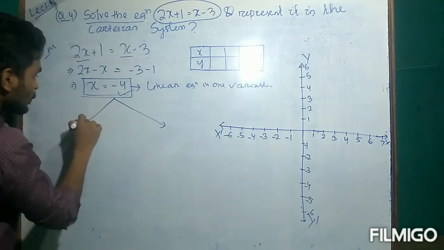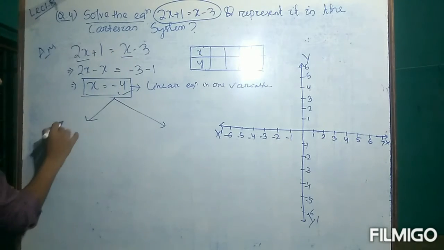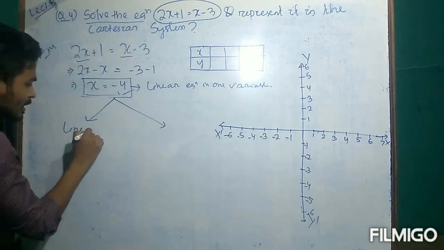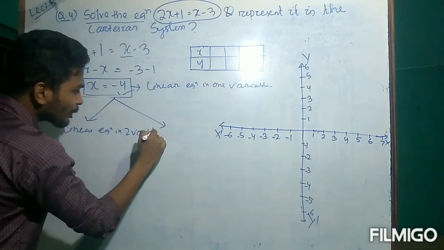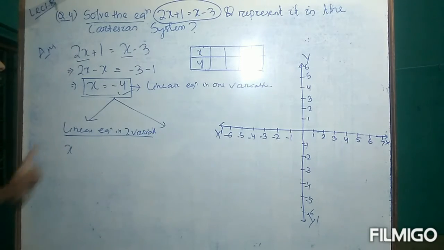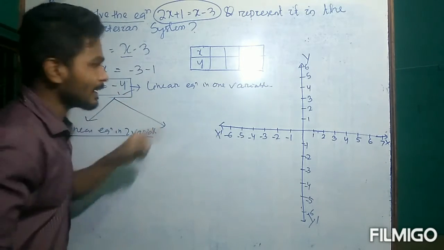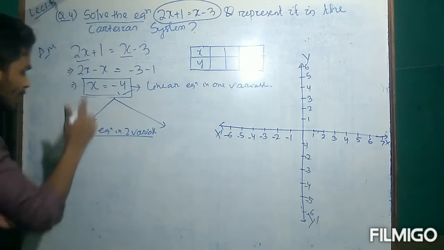The first process, as we have already known, is to convert this equation into a linear equation in two variables. In this process you have to first find out which variable is missing here. The variable y is missing here.